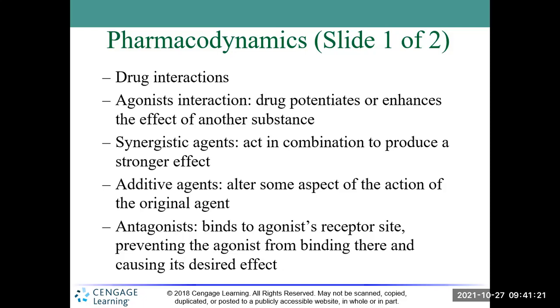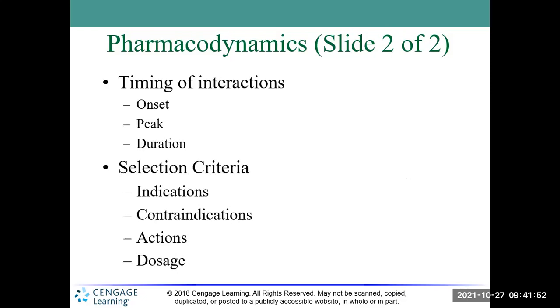An antagonist is going to prevent that from happening. So it's going to bind to the receptor site where that drug was supposed to act on, and it's going to prevent it from binding. And so it's not going to allow it to provide the effect that it was meant to do. So it will reduce the effect, basically, where an agonist is going to enhance the effect of a substance, an antagonist is going to reduce the effect.